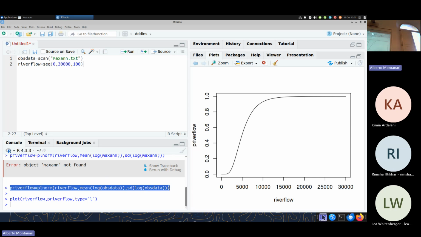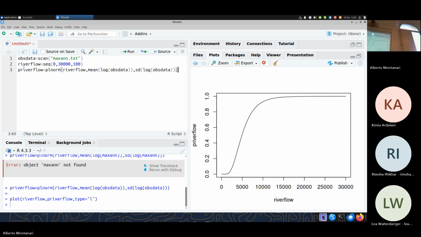I want to keep a copy of the code, so let me just keep a copy here. And then here we can plot river flow, and this P river flow, and then type equal line.